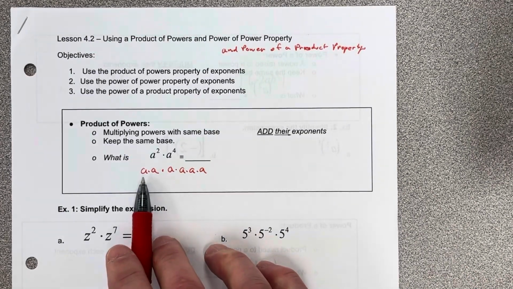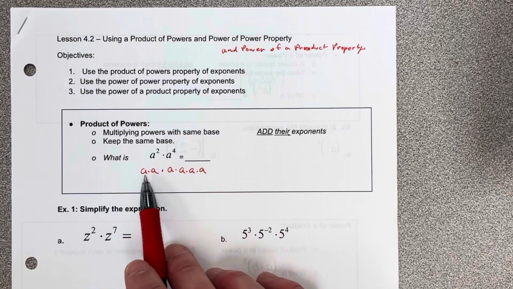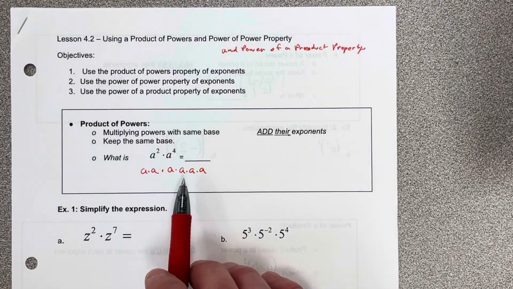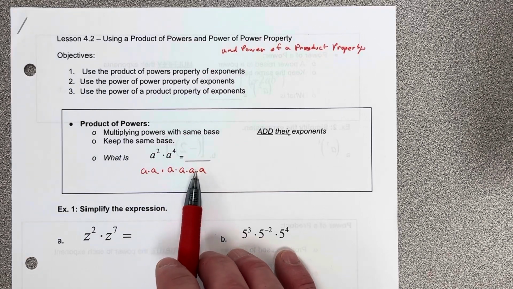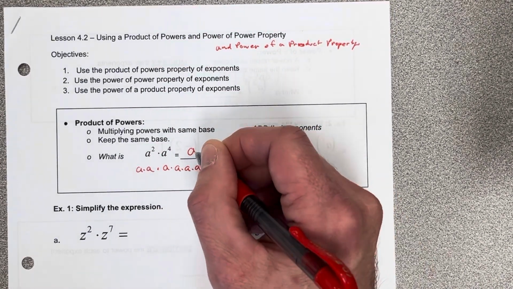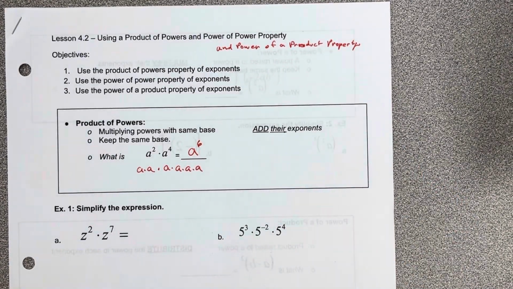Then you convert it back to an exponent. Exponents signify repeated multiplication, and the exponent will be the number of times that you multiply it. You quickly find out that you multiplied it 6 times.